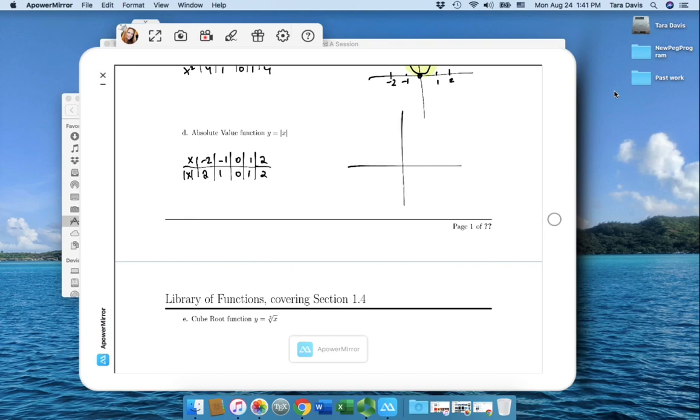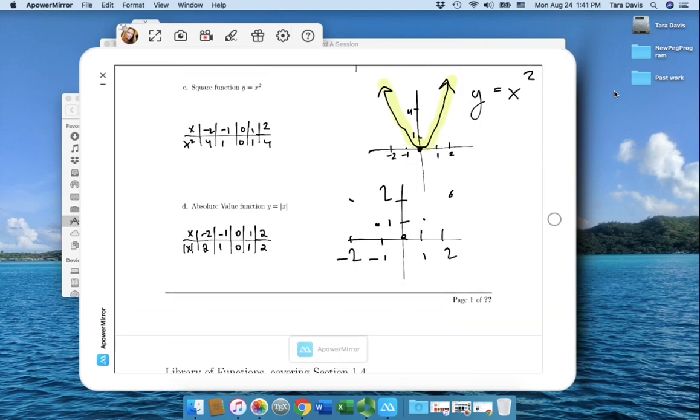This one is kind of similar, but a little different because, for one thing, the scale is different on the x and the y-axis than it was for y equals x squared. Also, the absolute value of x is more like a V, and y equals x squared is more like a U. And you see how this one is a 4 and this one is a 2, so they're really not quite the same at all.